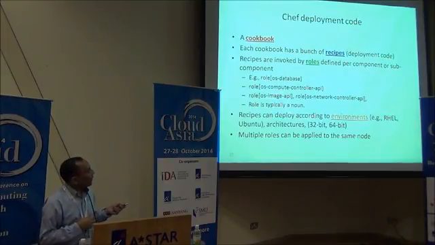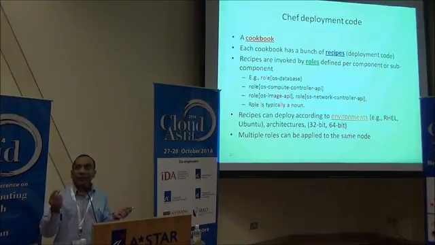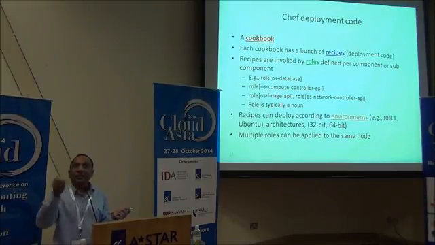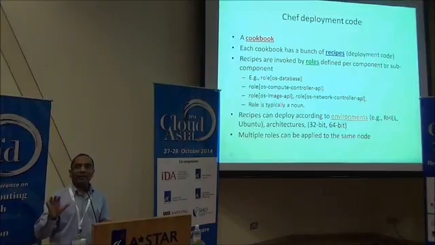Okay, so a recipe can deploy according to environment, meaning that you can choose an environment. The environment is where you are encapsulating your specific details, capturing the differences between your environment and my environment. For one environment it may be Red Hat, and for another Ubuntu. So this is where you are abstracting out the details. Is that clear? The environment allows you to make it specific to your specific details.